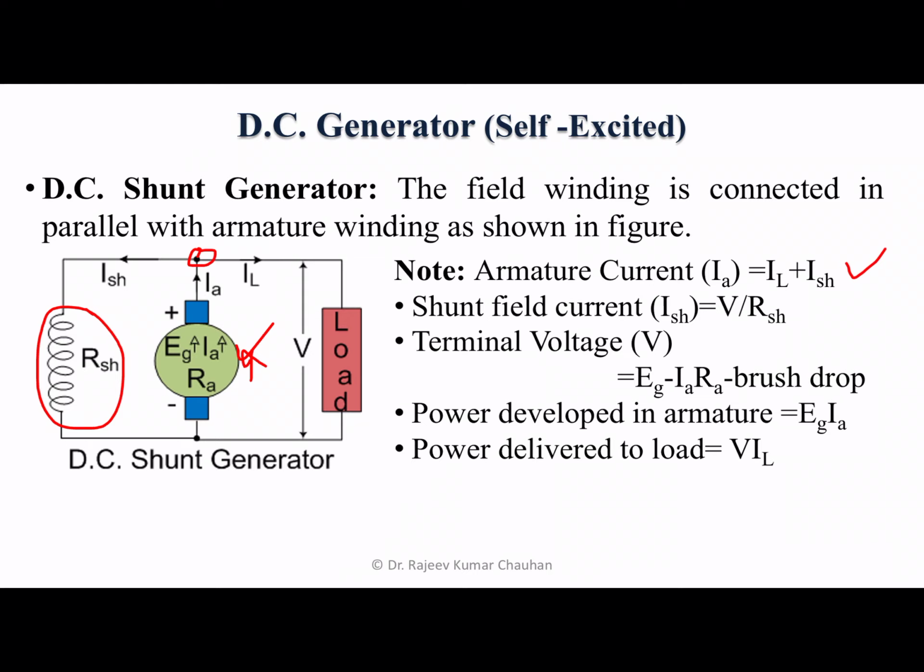As the terminal voltage V is across this terminal also, because there is no resistance in this branch, this V will appear across these two terminals. Or we can say V is the applied voltage across the field winding.